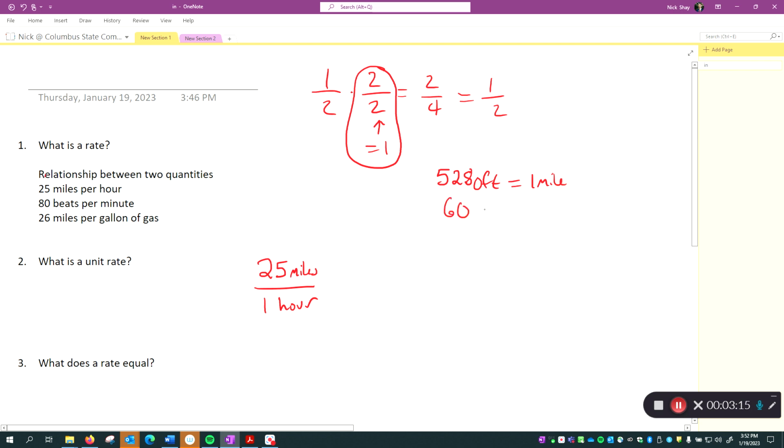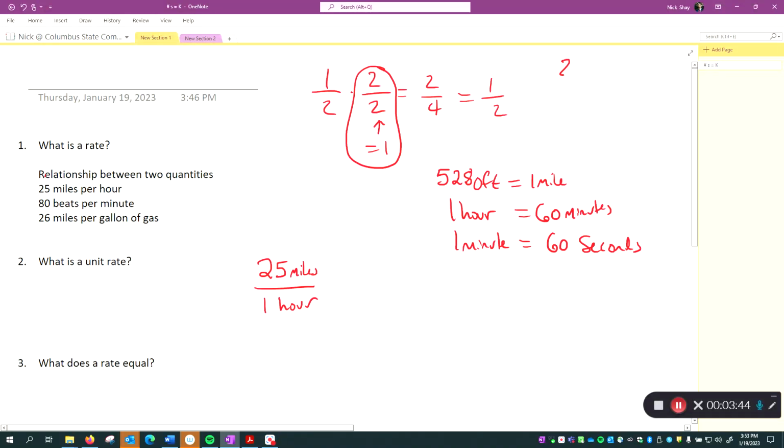We're going to go feet per second, so we need to go from hours to minutes and then minutes to seconds. So I know in 1 hour there are 60 minutes, and in 1 minute there are 60 seconds.